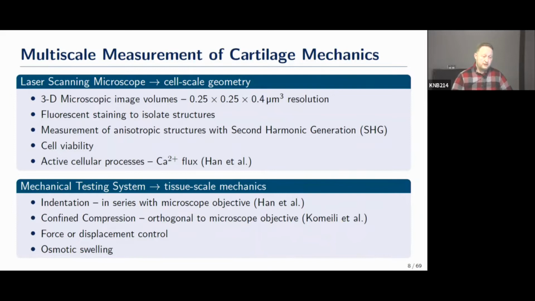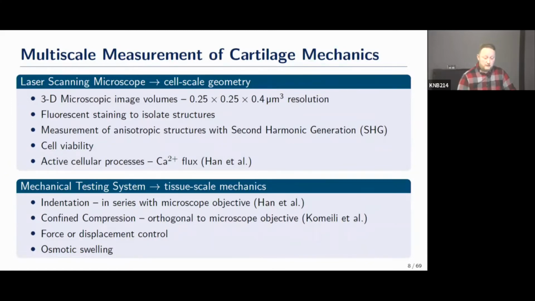In our particular lab in the basement, we have a setup where we can indent the cartilage, basically poke it, or we can have another setup where we can apply what's called confined compression, basically a 1D sort of loading, where we don't allow the tissue to expand, but we load it in a single direction. When we apply those loads, we can simultaneously obtain 3D images of the cells within there.